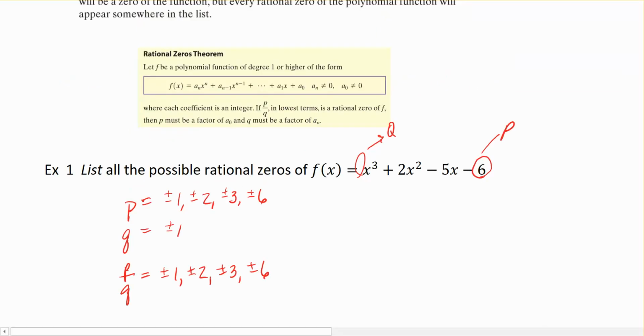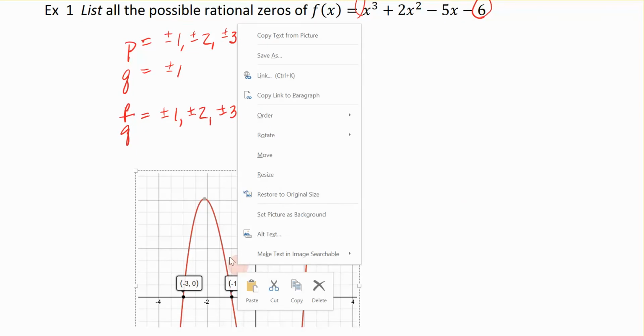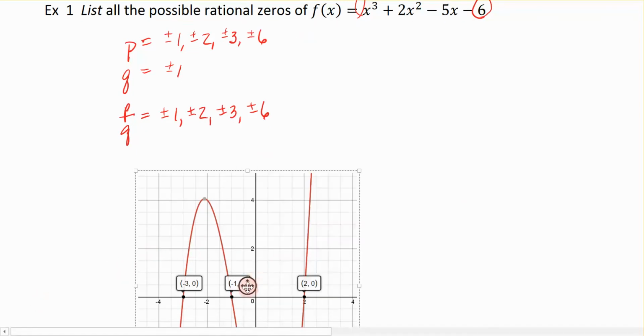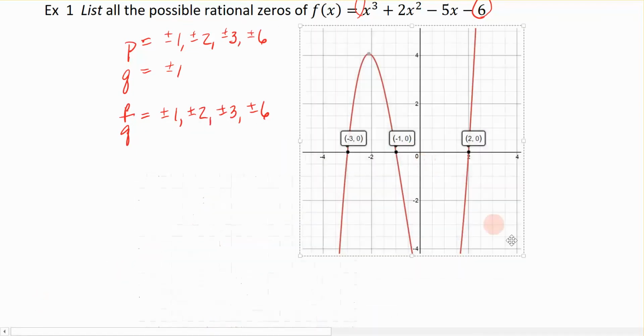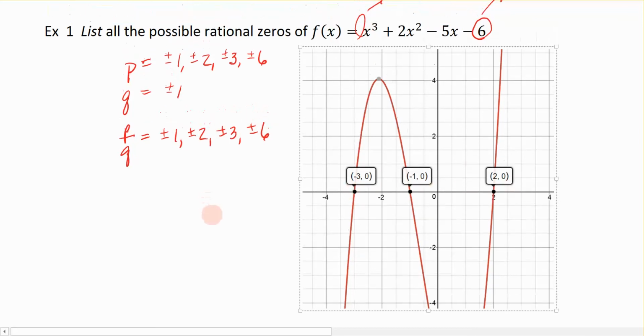Remember, 8 possible zeros. And in fact, if I were to pull up the graph of that function, you can see here that I have zeros occurring at -3, -1, and +2. And those are part of this list, which is just a list of possible rational zeros for my function. And that's all we're doing in this particular section, or this video, I should say.